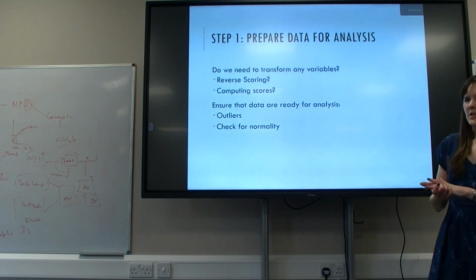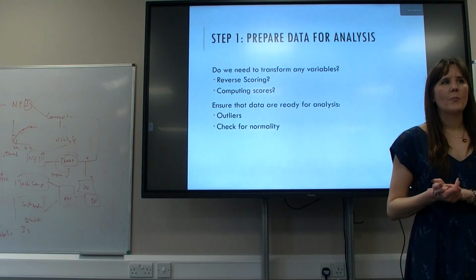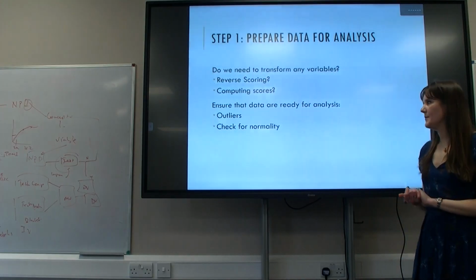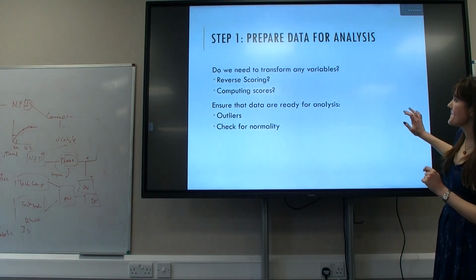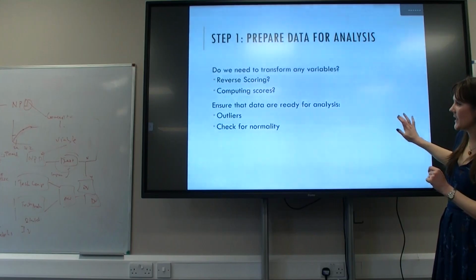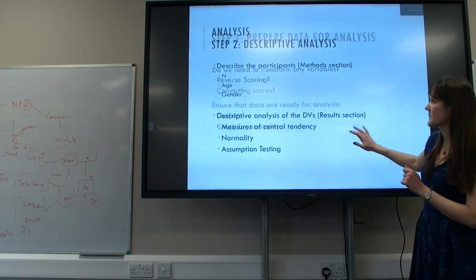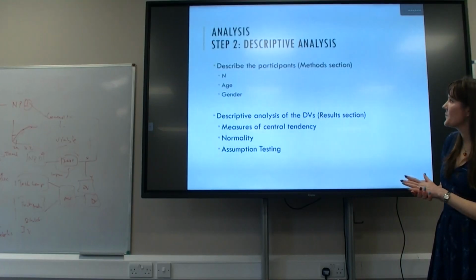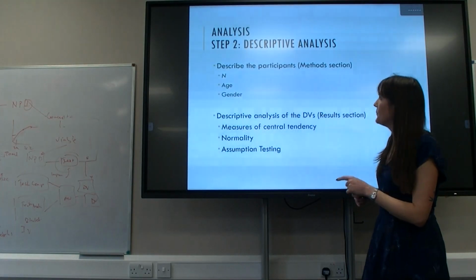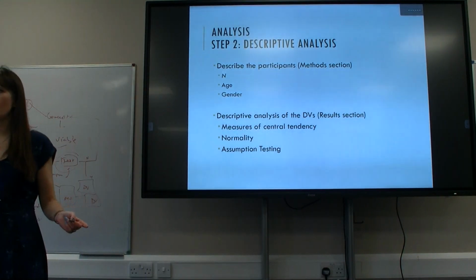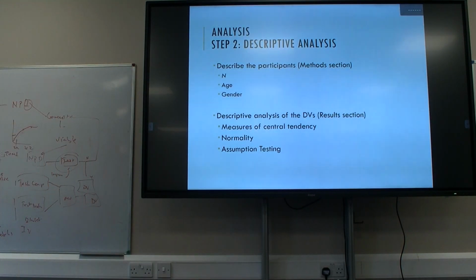But we do need to check for outliers, and we do need to check for normality in our data set. So that's checking whether our variables are normally distributed. Okay, let's go to SPSS and we'll check for our outliers and we'll check for normal distribution.